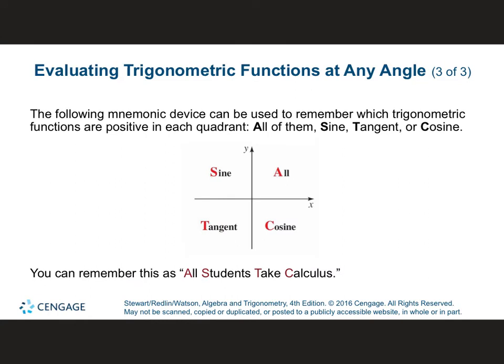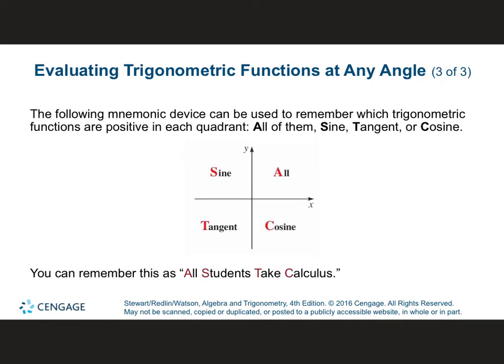When you evaluate these trig functions, you want to think of something that's going to help you. It's here in your notes: All Students Take Calculus. Within your coordinate plane, you have different signs for your ordered pairs.